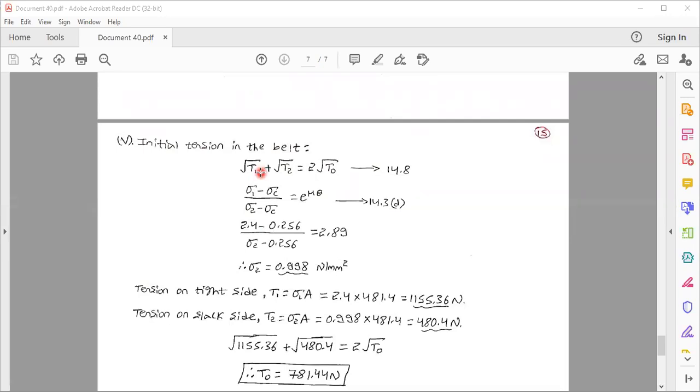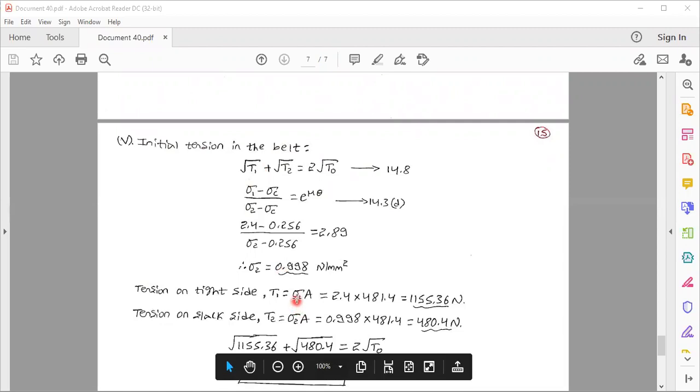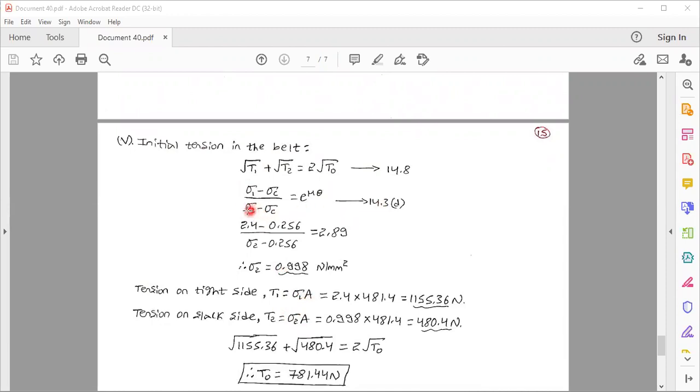The formula to find the tension in tight side, T1, is equal to stress induced multiplied by the cross-sectional area. Already you have calculated the cross-sectional area. The permissible stress is also given, but sigma 2 is not given. You have to calculate that sigma 2. To calculate that, I'll be using 14.3D. E raised to mu theta is calculated, substitute the value.